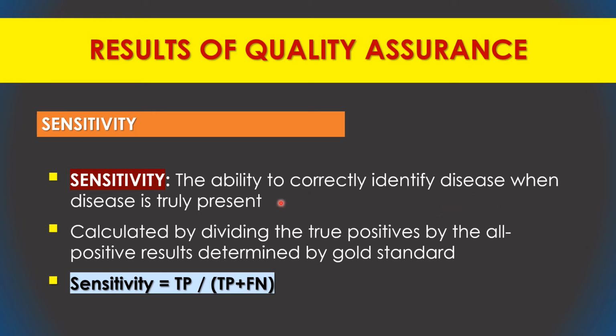I have, for example, 500 patients already diagnosed as patients. If my test could bring all of them positive, my test is good. So this is a sensitive test. It's calculated by dividing the true positive by the whole positive results determined by the gold standard. The sensitivity equals the true positive divided by the true positive plus the false negative. Confusing? Let's go to the chart.